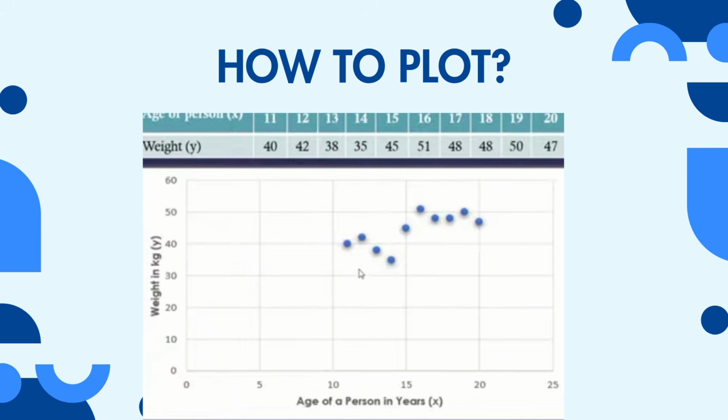This is the example of how to plot and what is the x and y axis. As you can see, the y-axis, which is the vertical, is depending on the x-axis, which is the independent variable. And this is how to plot.